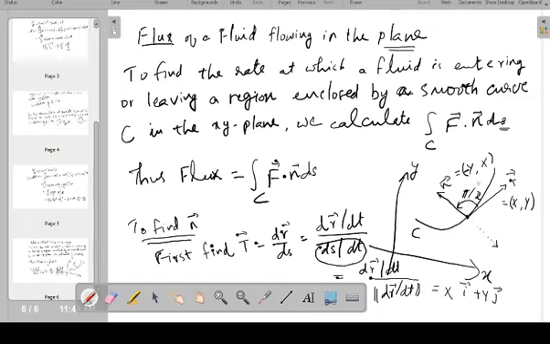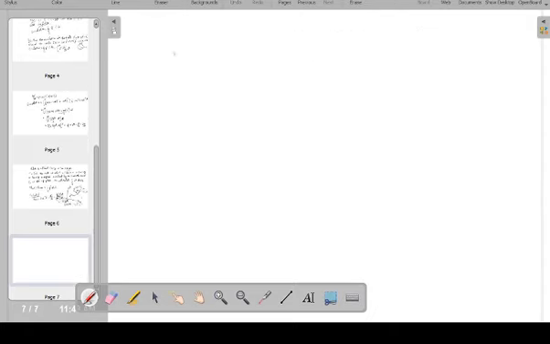Okay. So to find n, first we find t, then vector n is obtained as (minus y, x), which is minus y vector i plus x times vector j. Understand?